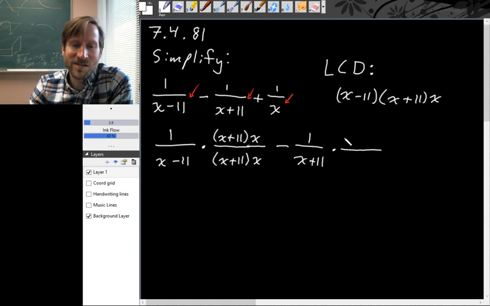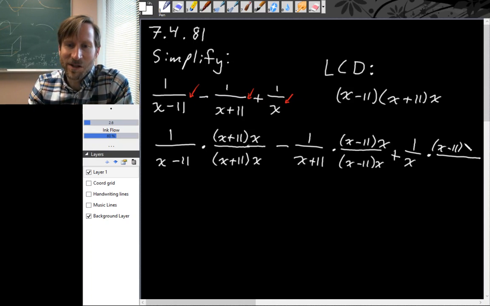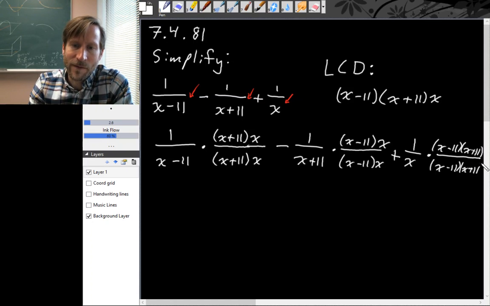The missing pieces of our least common denominator in this term are x minus 11 and x, and then the same thing in the denominator, plus 1 over x times, and then our final missing pieces, x minus 11 times x plus 11, over x minus 11 times x plus 11. Okay.